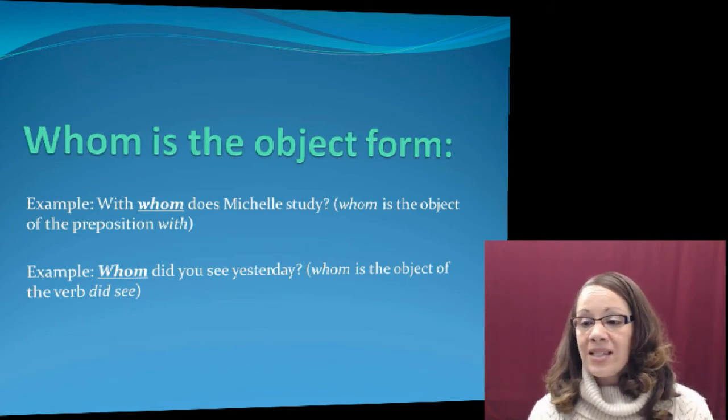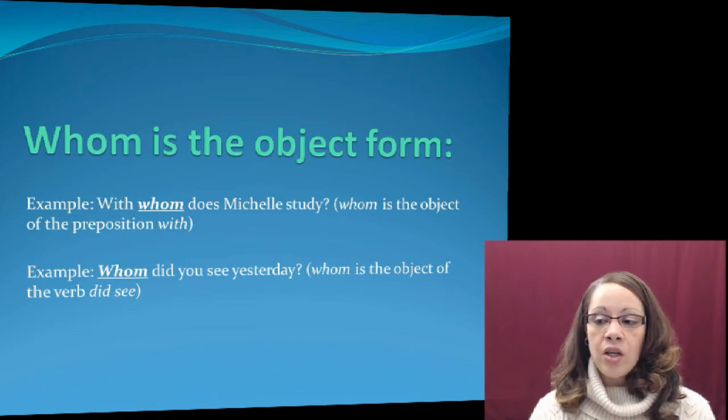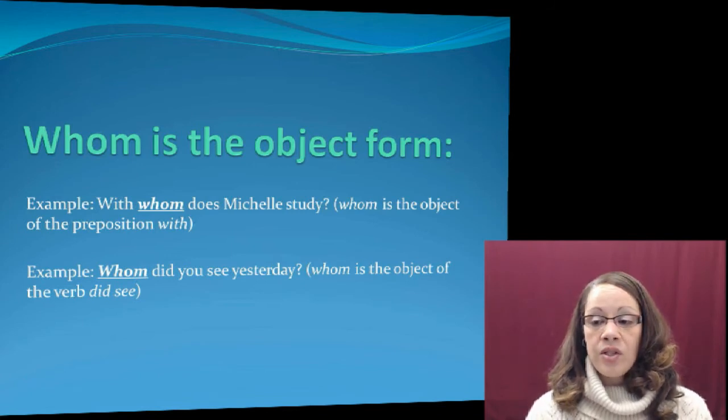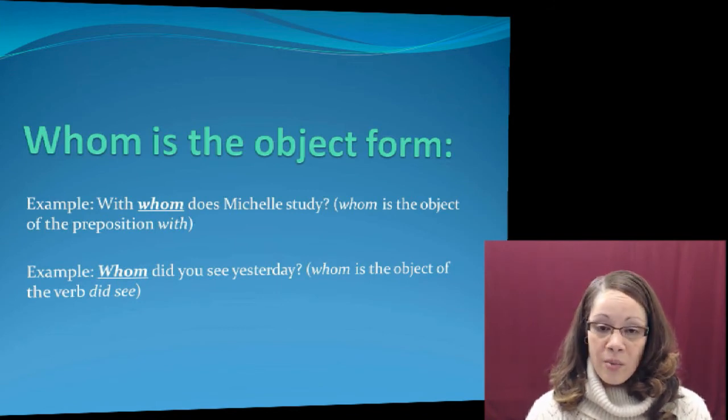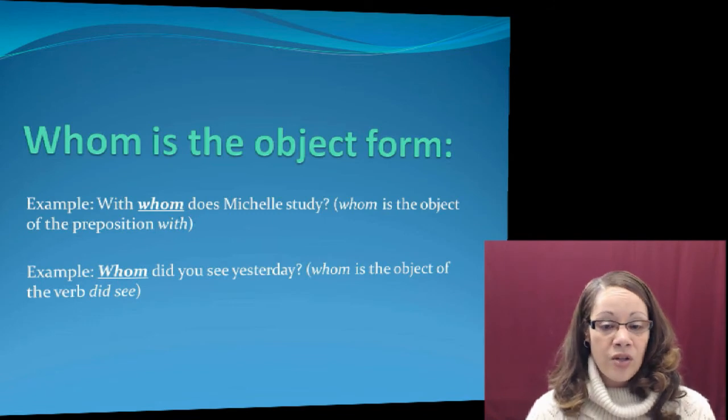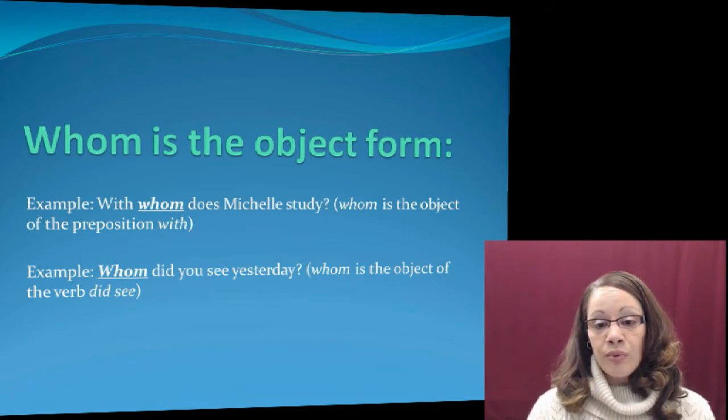So whom is the object of the verb did see. You is our subject. You did see whom. So again, we have a direct object in this case. In this particular question, you did see whom. And because I need the direct object in this question, I'm going to use the pronoun whom instead of who.